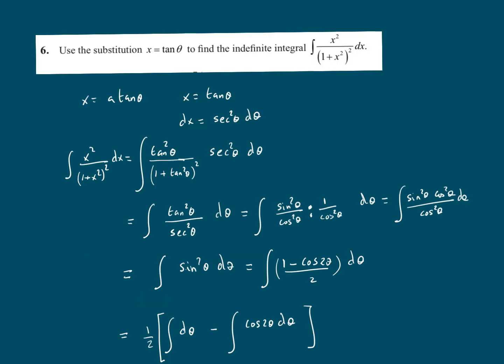The next problem says, use substitution x equal tangent of theta to find the definite integral of x squared over (1 plus x squared) squared. So we use it because this is the pattern that they say. Whenever you find a square root of a squared plus x squared, use the change of variable x equal a tangent of theta.